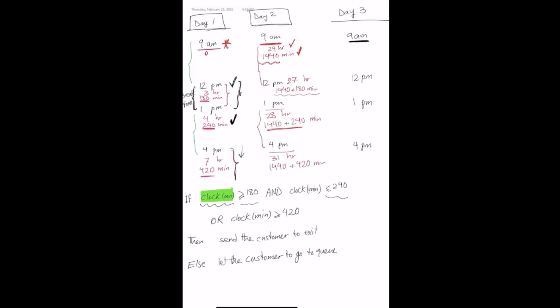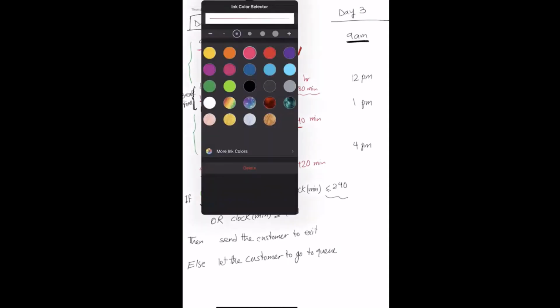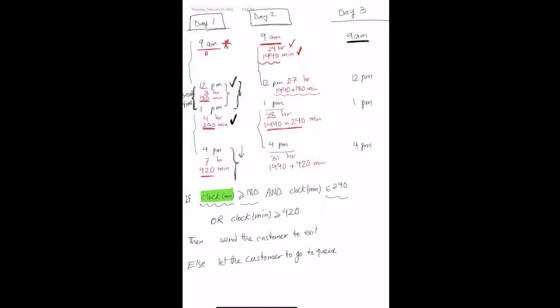So the simulation time right at 9 a.m. on day 3 is going to be 24 hours, which is 1440 right here. Or if that's in minutes, if I was going to write it in hours, that would be 48 in hours.